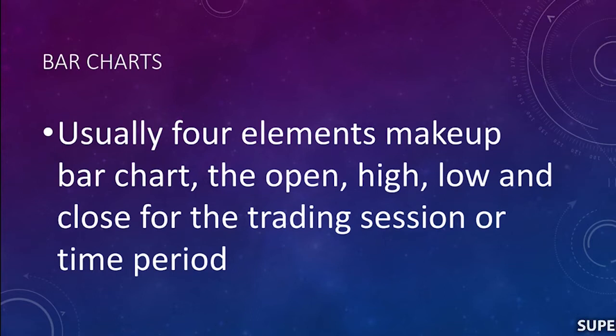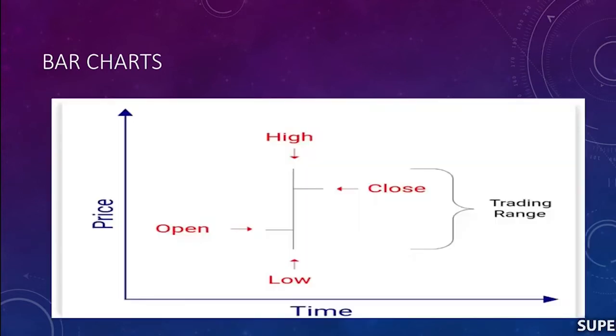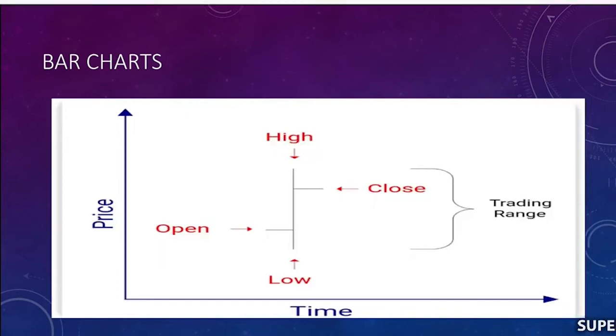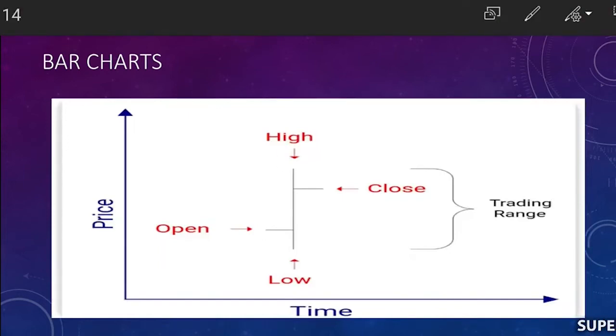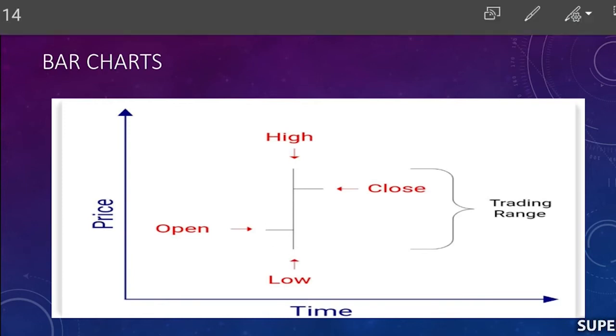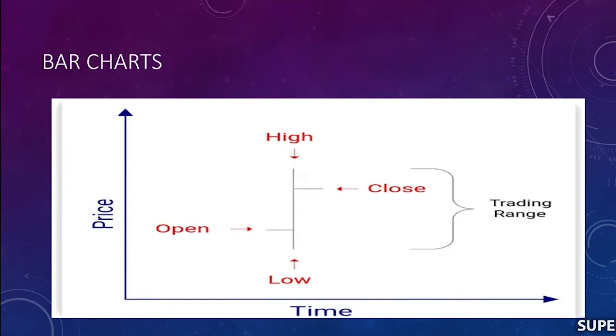In this chart, the top of the bar represents the highest price and the bottom of the bar represents the lowest price. A dash to the left side indicates the opening price, and a dash to the right side indicates the closing price. Here in this chart, the opening price is low and the closing price is high. So there is an increasing tendency of price, and it is known as bullish tendency.